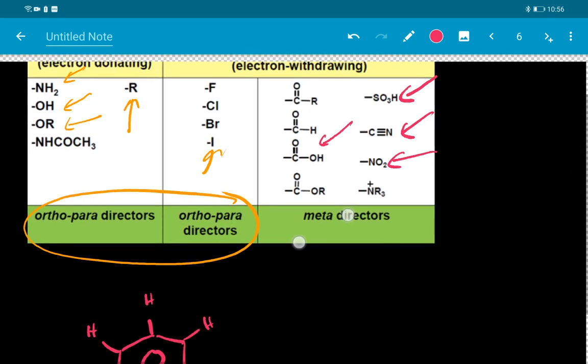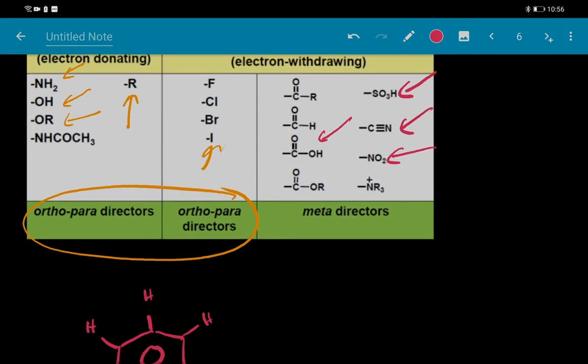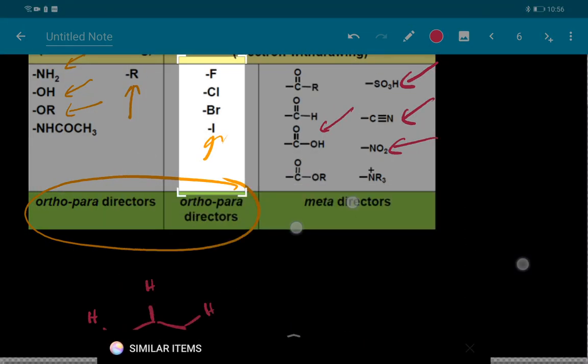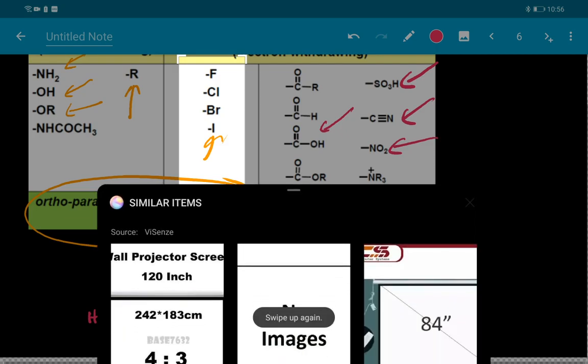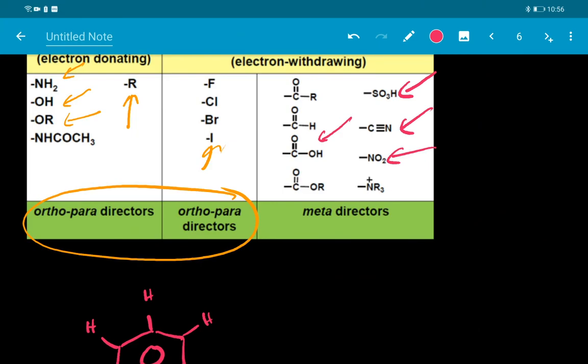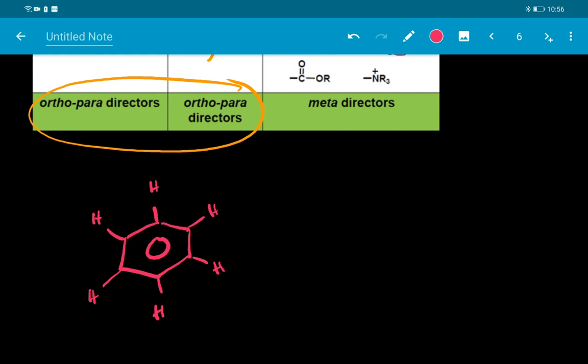So let's say we're going to insert chlorine first. In this case, in order to insert the chlorine into the ring, we need to put Cl2 together with the FeCl3 as the catalyst.